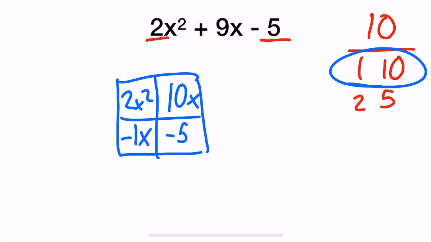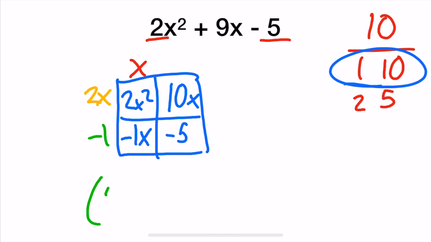The greatest common factor between 2x squared and negative 1x is just x, whereas our greatest common factor between 2x squared and 10x is going to end up being 2x. So far, x times 2x, 2x squared. So far, so good. Negative 1x and negative 5, our greatest common factor is, in fact, negative 1.